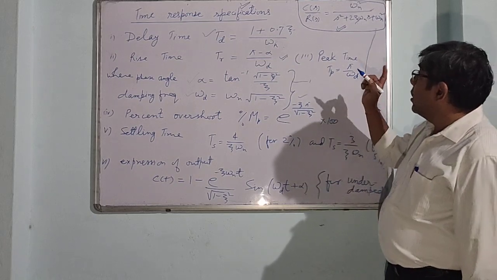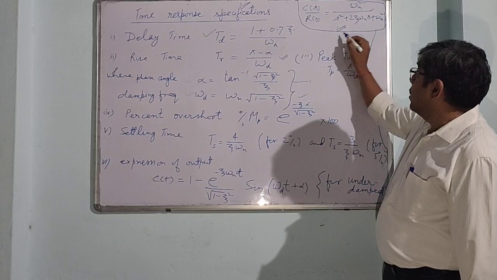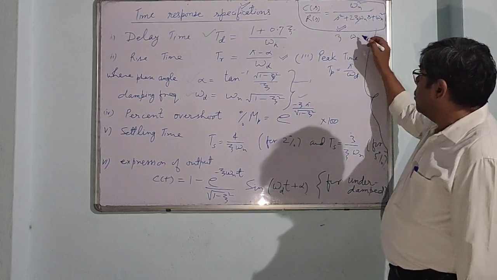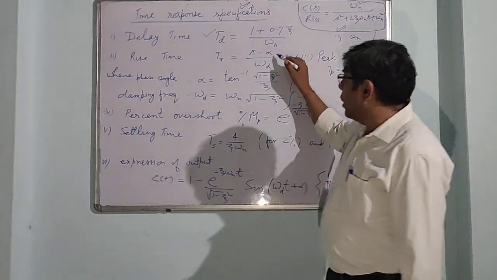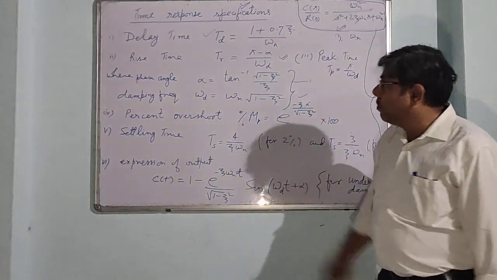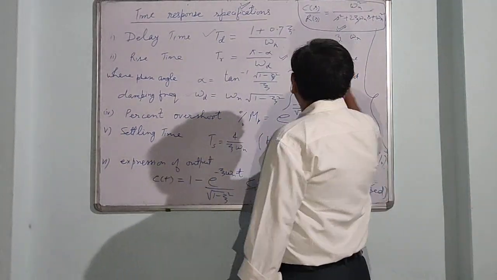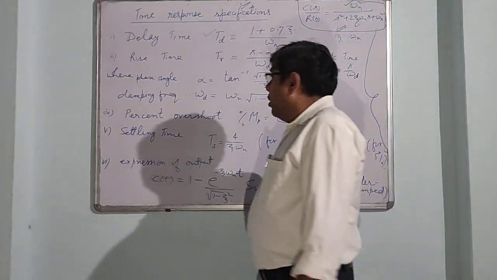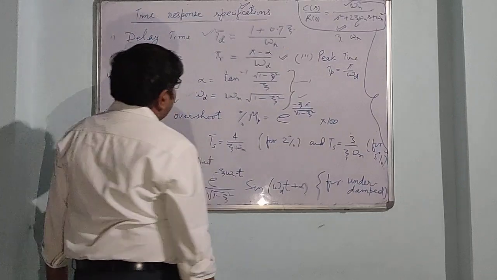So two parameters are required. First one is omega n and the other is the damping factor zeta. Then from these two values we can calculate all other values.